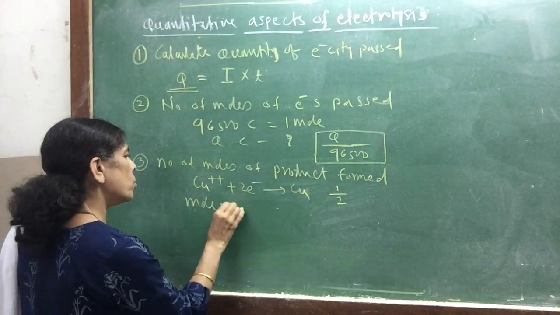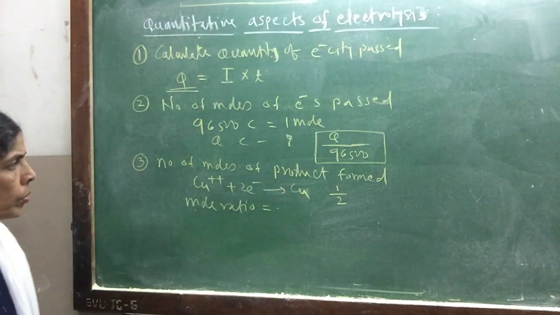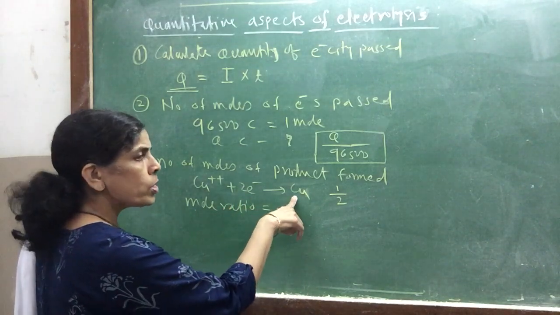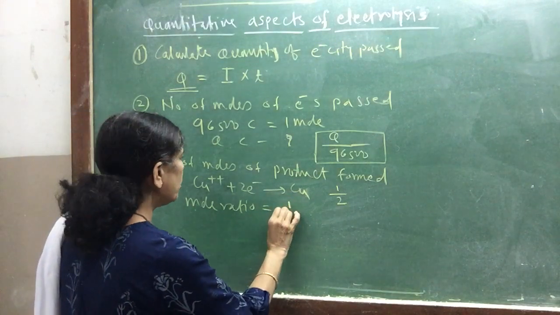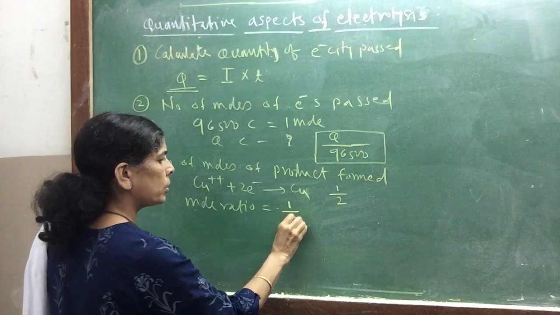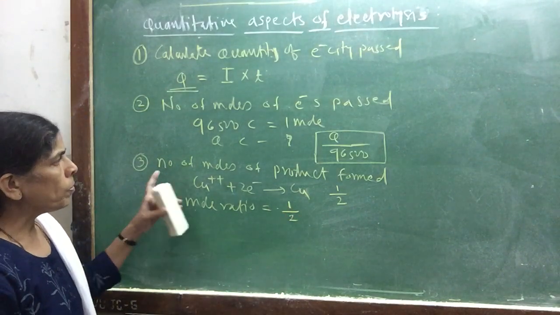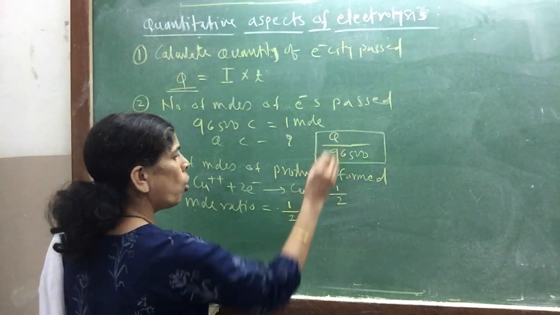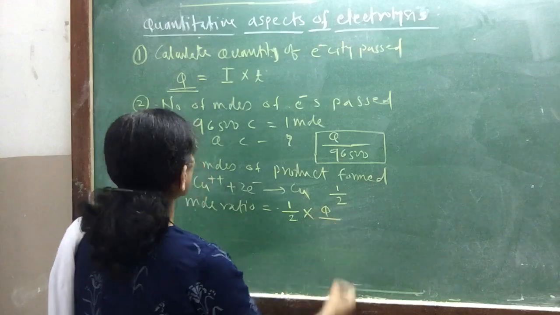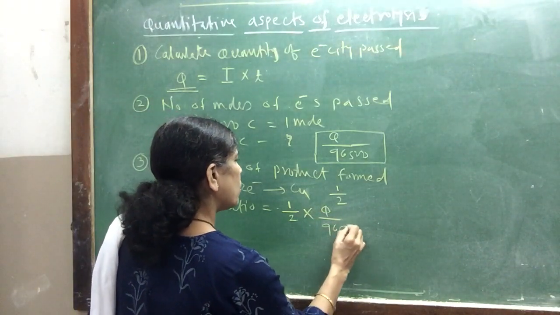So what is mole ratio? Mole ratio is equal to number of moles of products formed upon number of moles of electrons passed. So the number of moles of products formed is equal to this mole ratio into the number of moles of electrons passed.